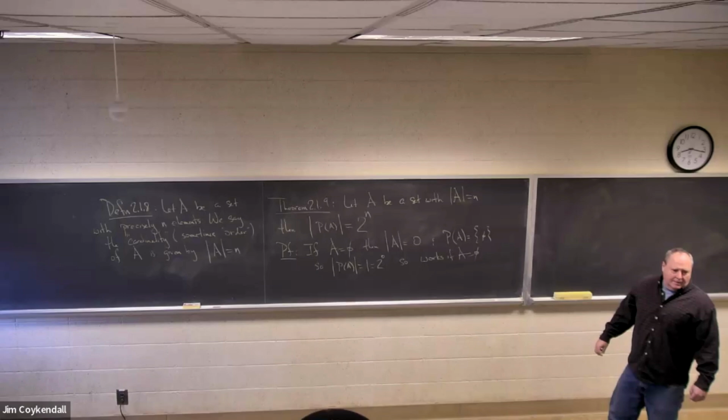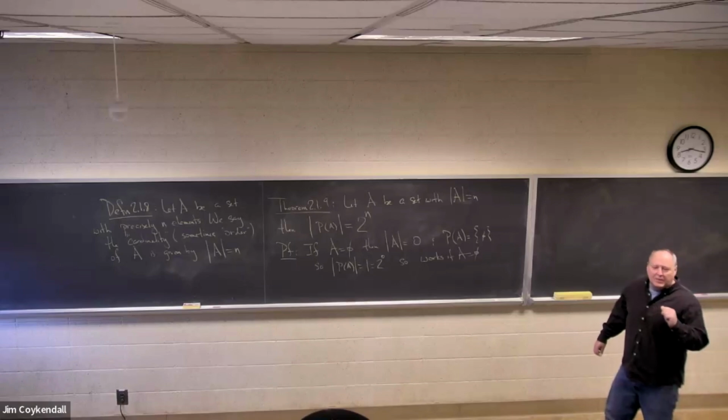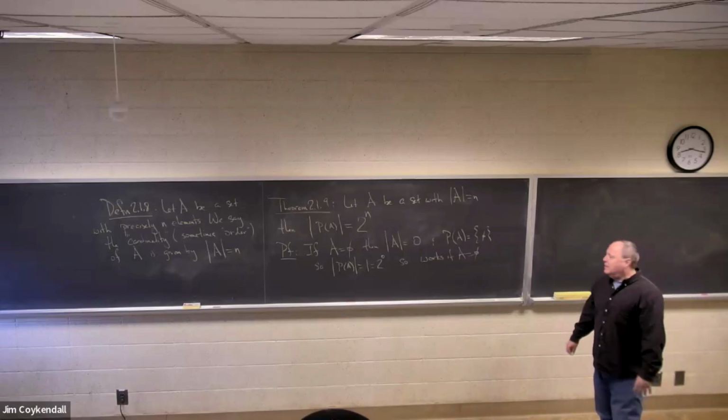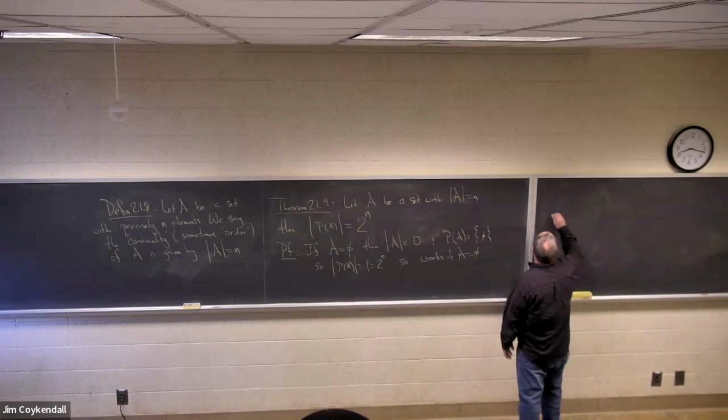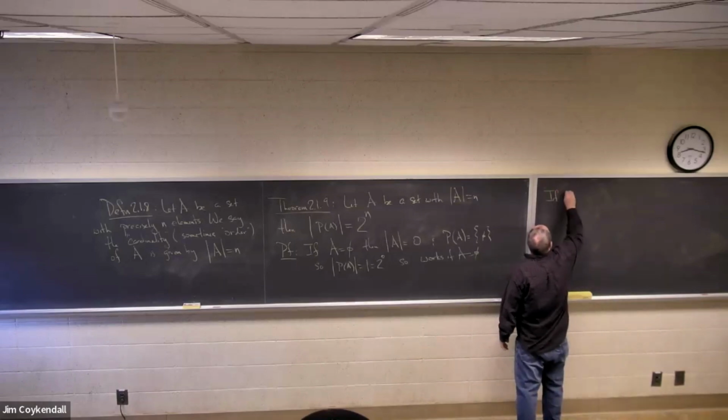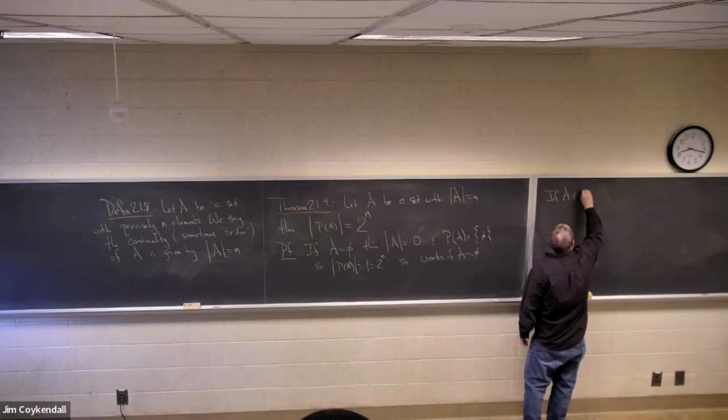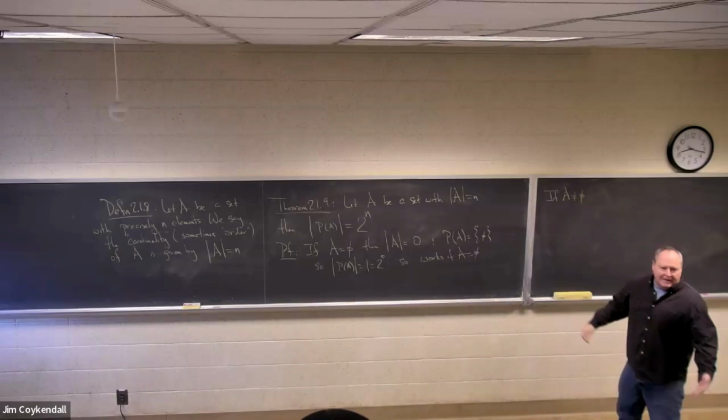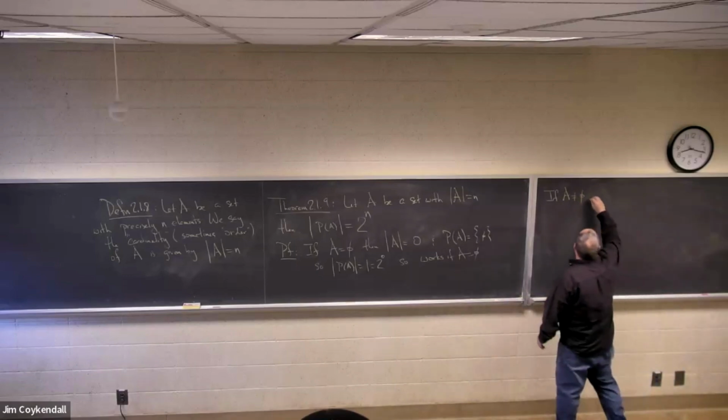Each element, it's either there or not there, it's a choice. I think that's exactly the best way to go about this. Let's suppose A is not empty, then it's got stuff in it. So I can write it down.